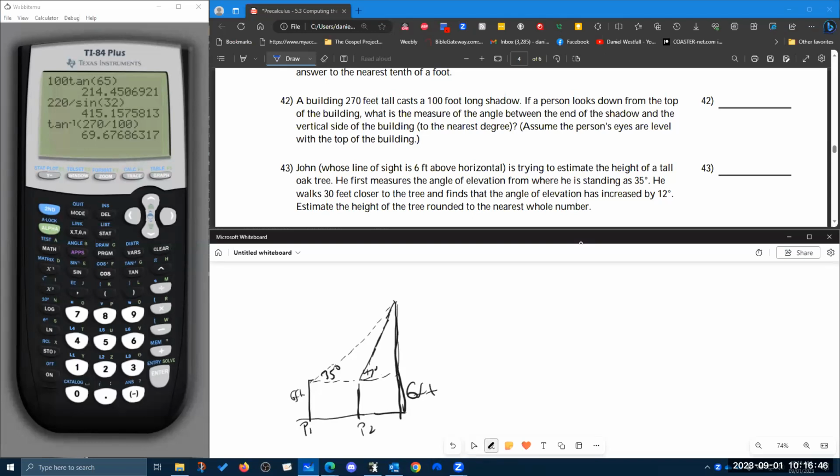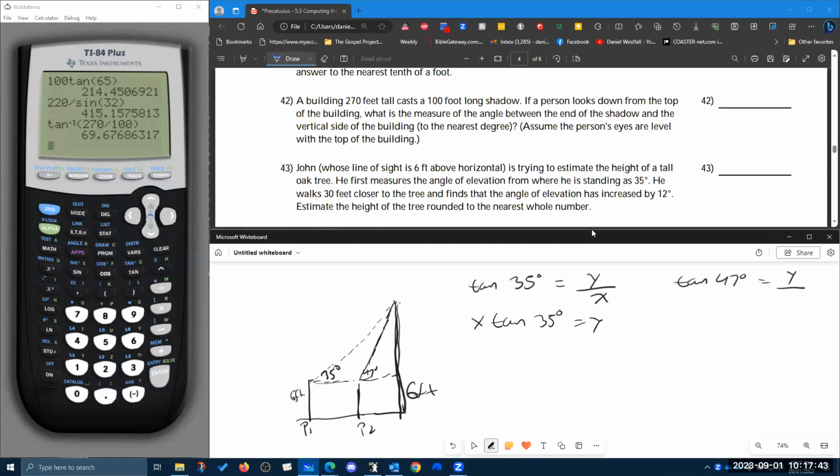So this height of the tree has not changed. We're going to use tangent, and we're going to say that tangent of 35 degrees is equal to, and I'm going to call this horizontal side here X. I'm going to call this vertical side here Y. So X tan of 35 degrees is equal to Y. I'm going to set up another equation over here that says tan of 47 degrees is equal to, and that's the same Y, but we have lost 30 on the axis.